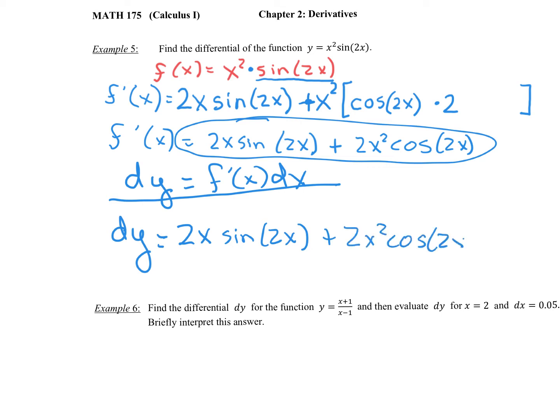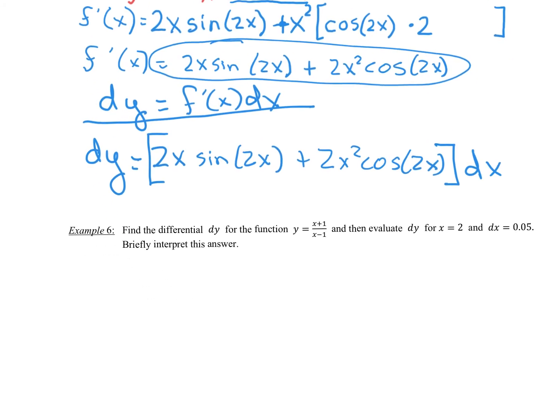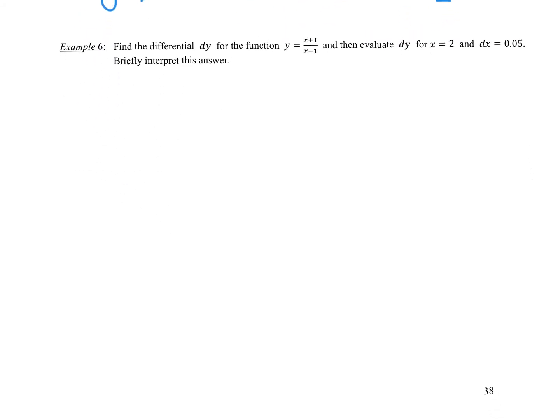And we multiply the whole thing by dx. Do you see that? dy equals f prime dx. If we take a look at the next example, let's apply this.